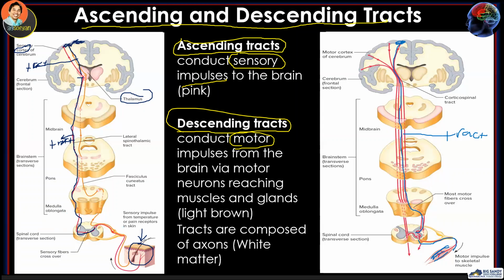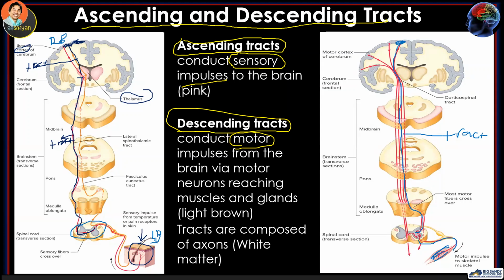It means that, let's say, this is the left side of our body. It actually crosses over in the spinal cord over here, and it will go up to the right brain. It means that the right brain will process information from our left side of the body. It's always like that.